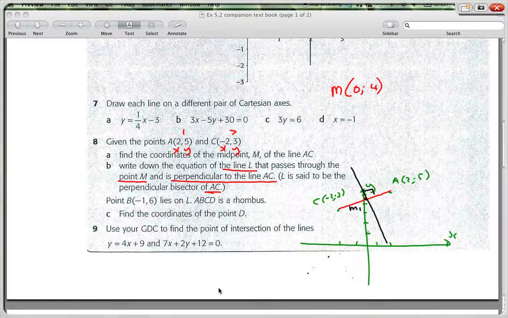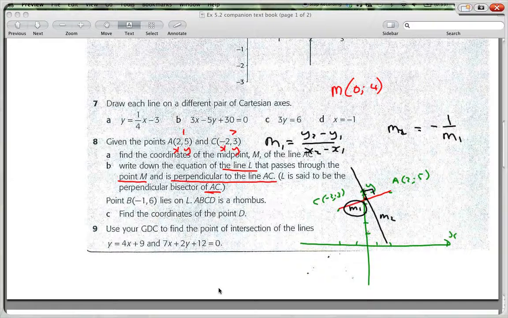Now if this is M1 and that's M2, we're going to have that M2, the one I'm going to try and find, is equal to -1 over M1, like that. So I've firstly got to find out what my slope is for M1. So M1, remember, is equal to your y2 minus y1 over your x2 minus x1. I've labeled A as 1 and C as 2.